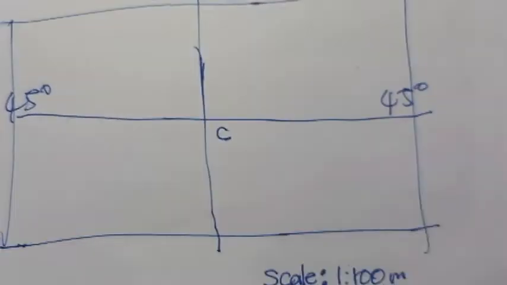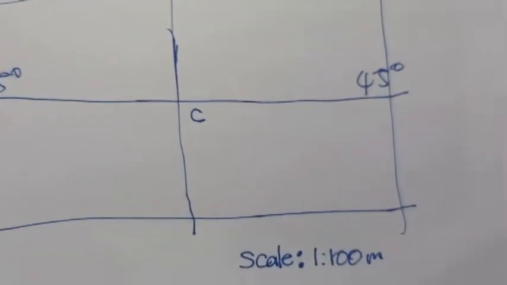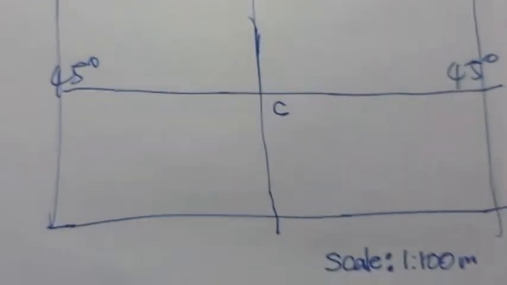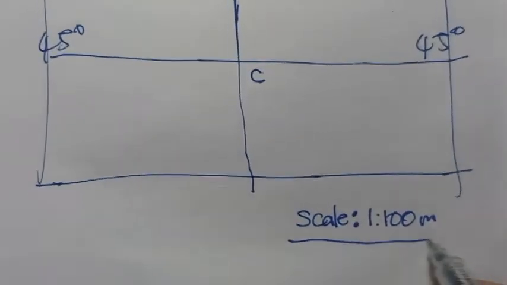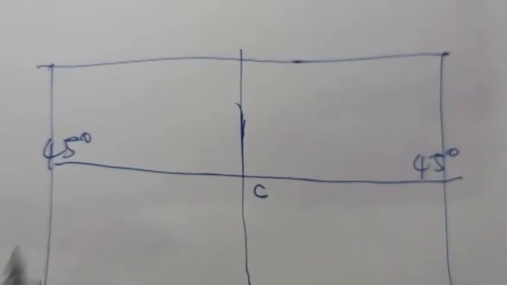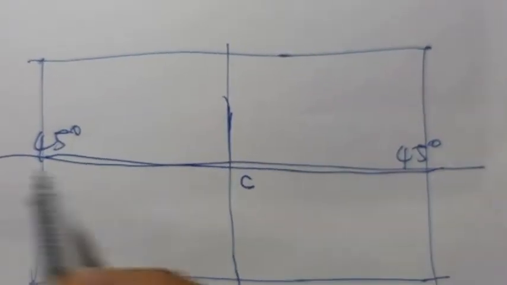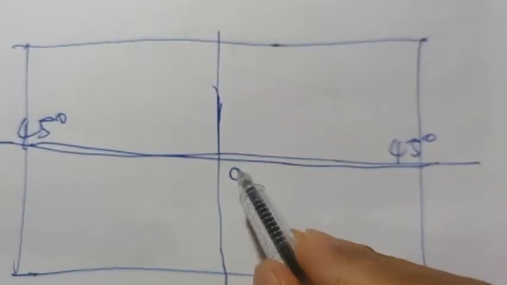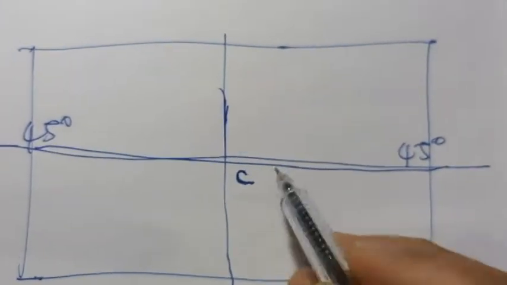In this case, the desired scale is 1:100 meter. Then establish the horizon line according to composition. Then mark C and the 45 vanishing point.